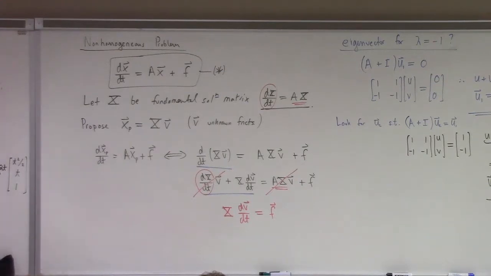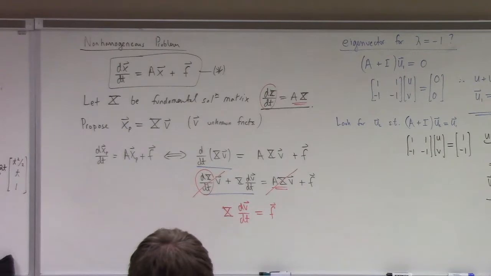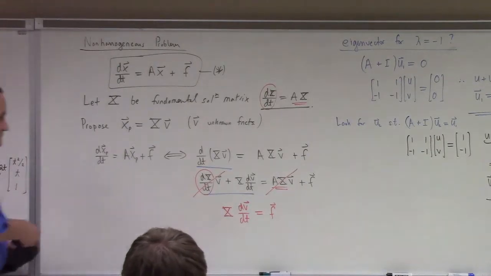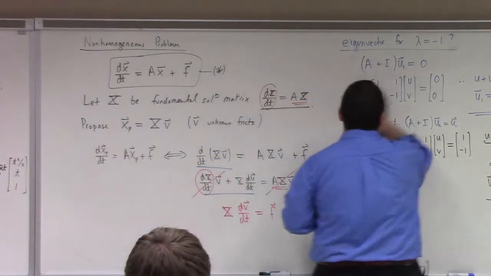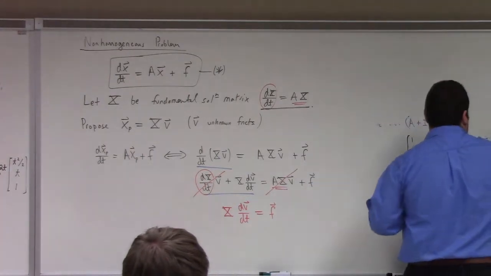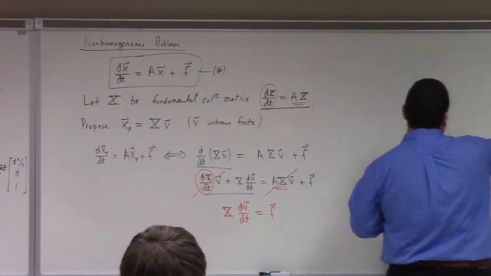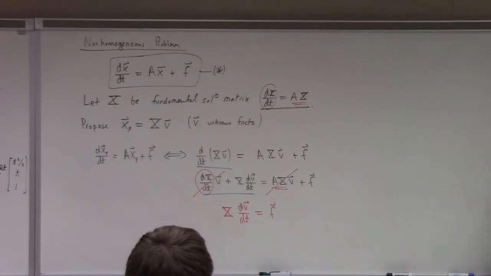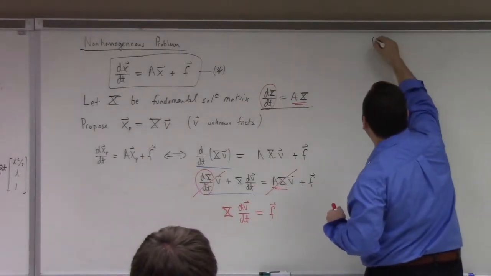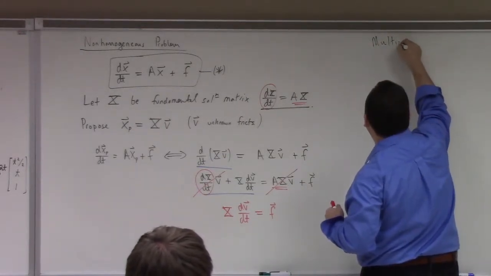And how do we solve? We can solve for dv/dt. How do we do that? So multiply by X inverse. How do I know X inverse exists?